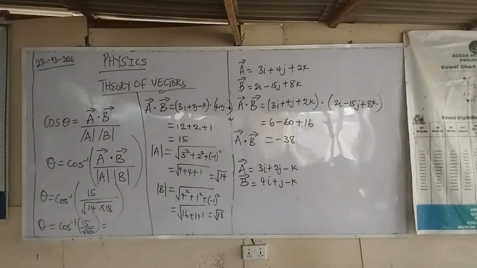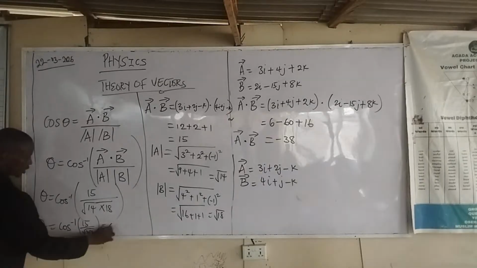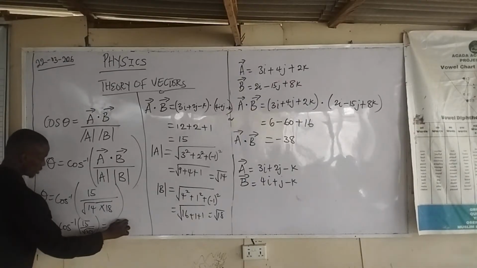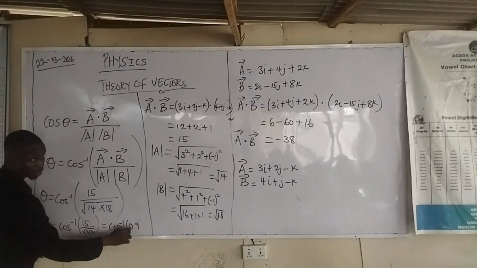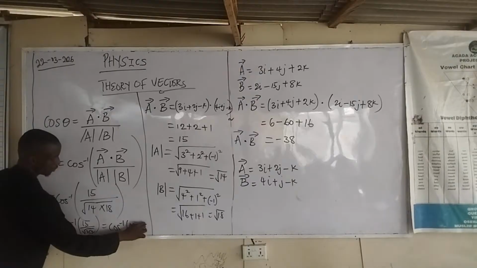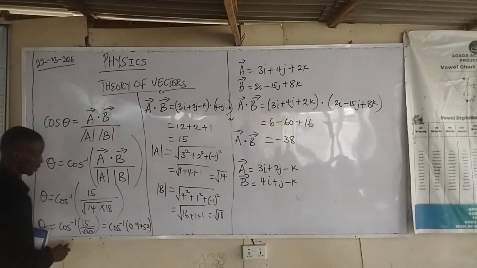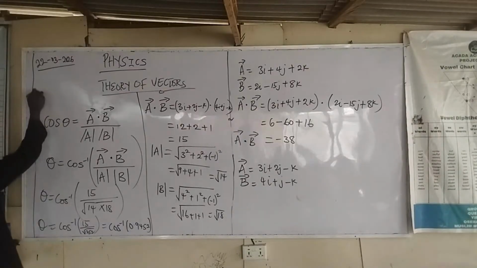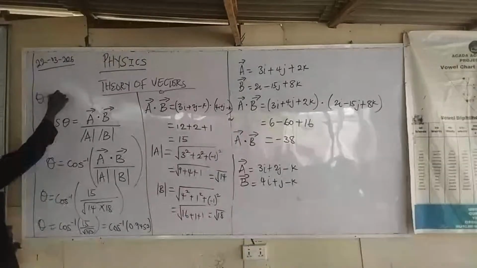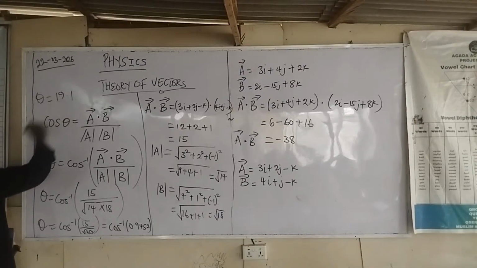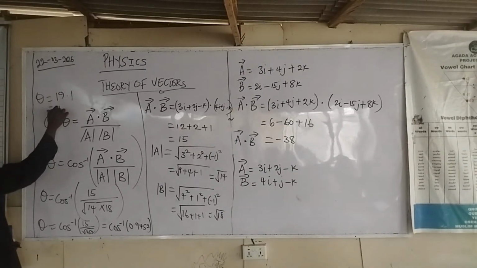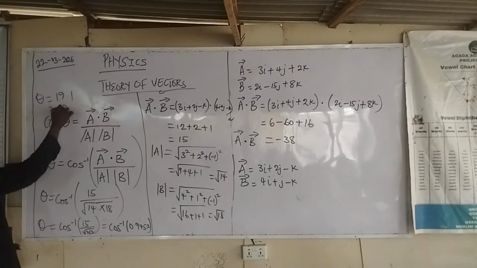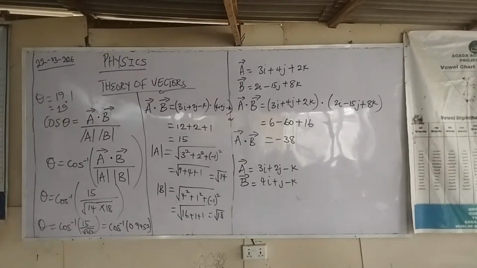Then shift cos of 0.89945. So theta is equal to 19.1. So approximately we have 19 degrees. This is the angle between the two vectors.